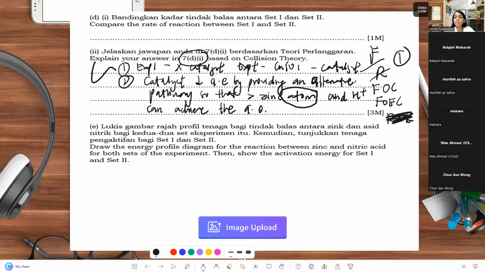Okay, can I stop here? I've only done my reasoning. I need to go to FOC. You can put zinc atom and hydrogen ions like that. Okay, FOC and FOEC. Can someone give teacher the sentence for it? It can be my Form 5s, no problem. It can be my Form 4s, no problem. If you say it out loud, it actually saves time. 9 o'clock already.